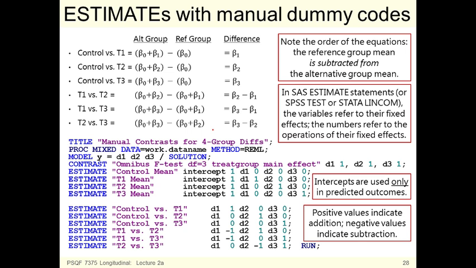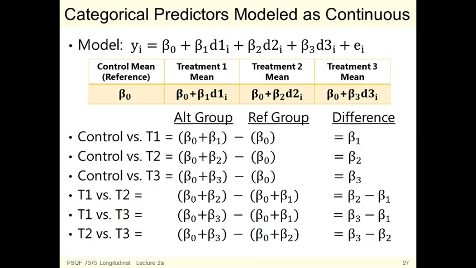What ends up happening is that when it says y equals treat group, what it's actually doing is making this same model. The difference is in the definition of what D1, D2, and D3 mean, because when it makes the dummy codes for you, it makes the last group the reference.